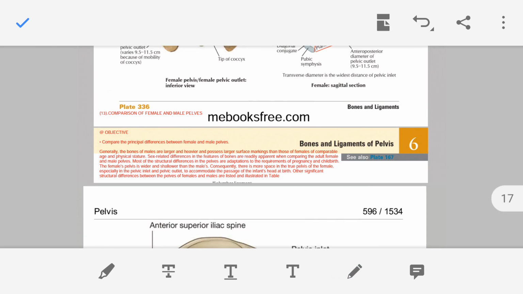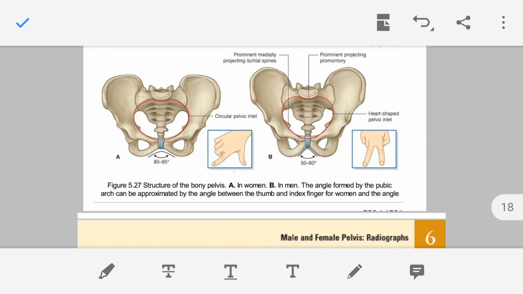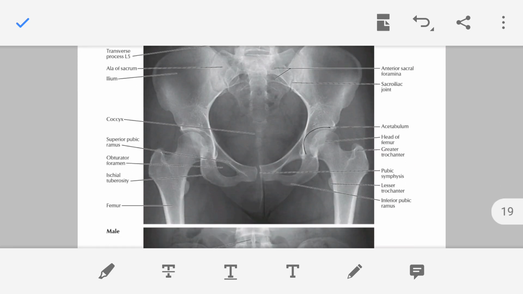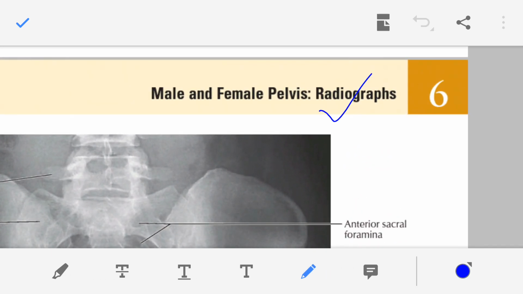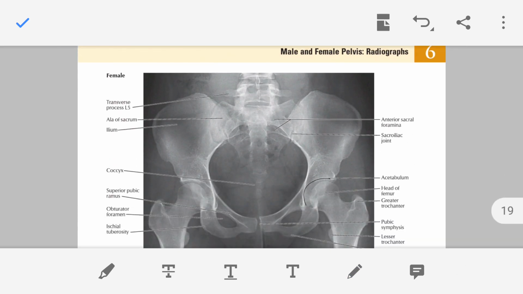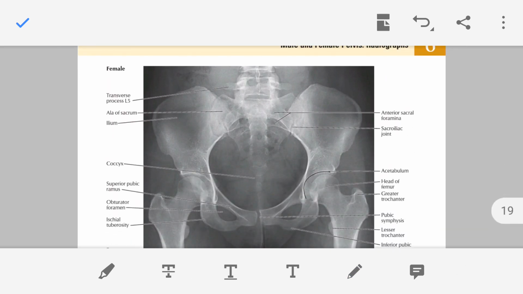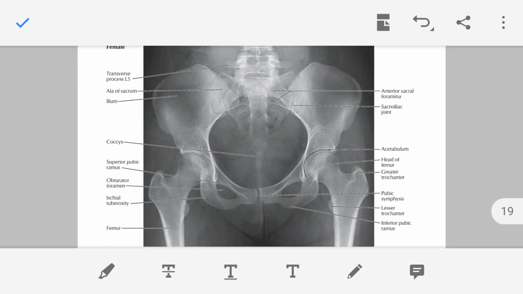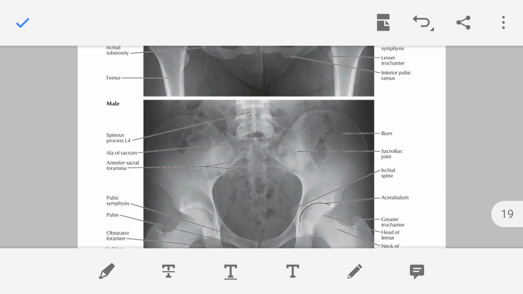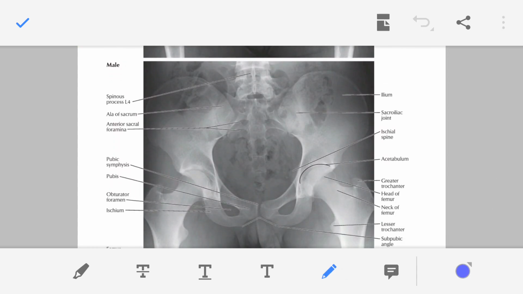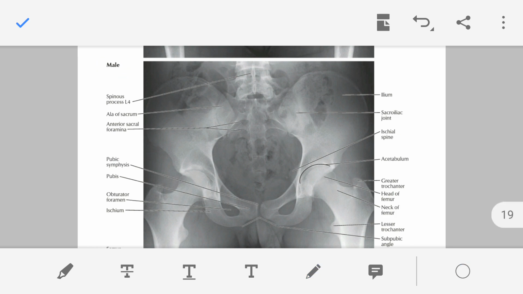Let's see. For this I will show you radiographs of the male and female pelvis. Now you just observe, and I don't have to explain anything. This is the radiograph, or x-ray, of the female pelvis, and this one is the radiograph of the male pelvis.